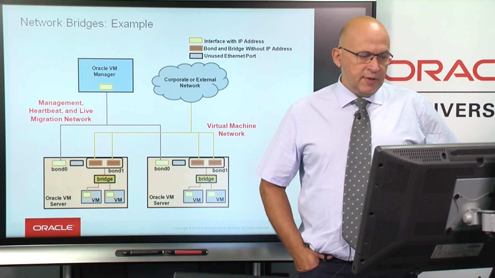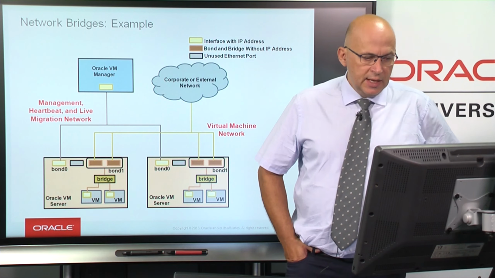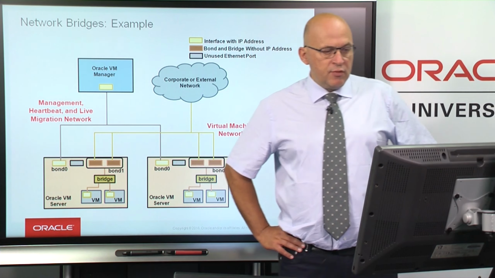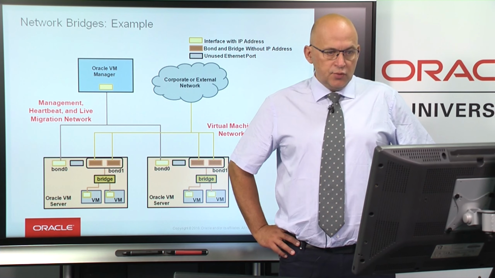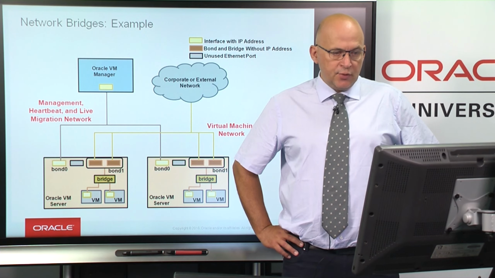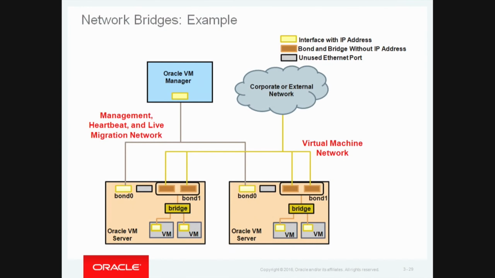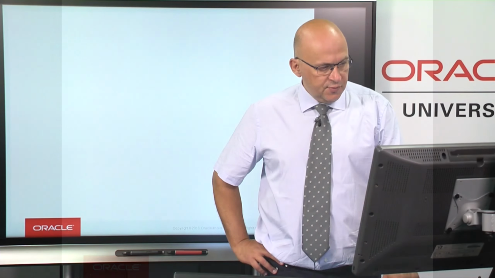On the left side we have bond 0, the management network. And then we have bond 1, which is configured to use 2 network cards for the virtual machine network. This immediately creates a bridge that is used to communicate between the VMs on the server on the left side. And then, of course, this traffic can flow through this bridge to the other servers, which are outside of the network of the first physical server.